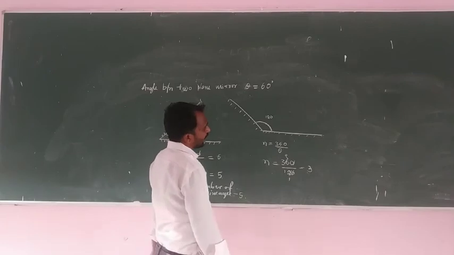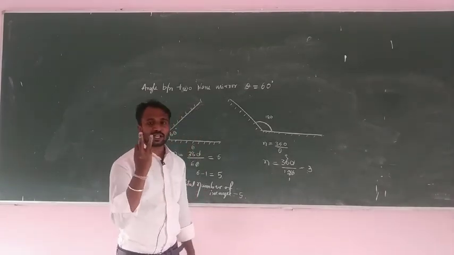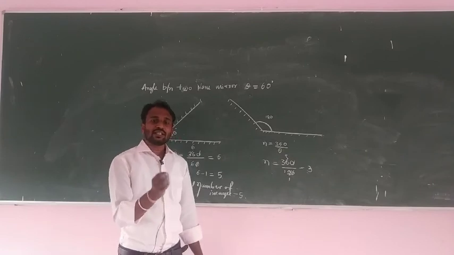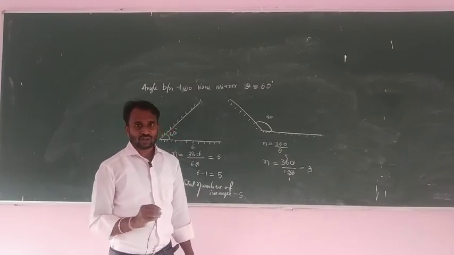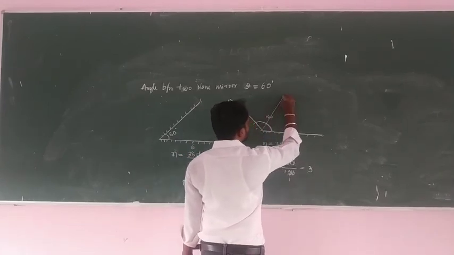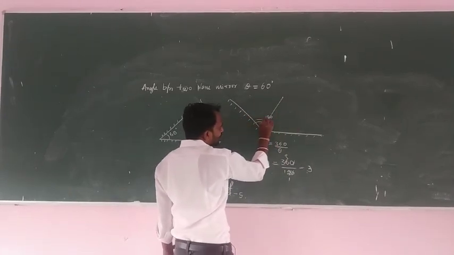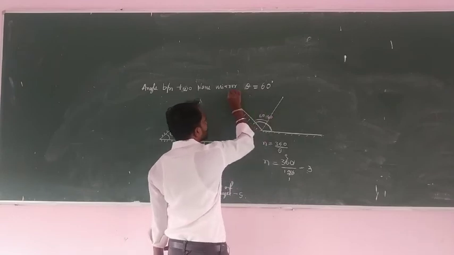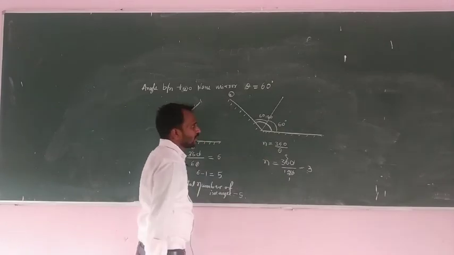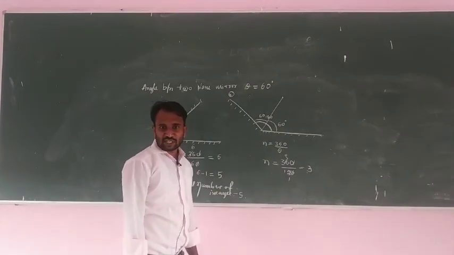But here we consider two conditions: one is symmetric, another one is unsymmetric. Suppose the object is placed exactly 60 degrees from the first mirror and the second one is also 60 degrees. This we consider a symmetric condition.